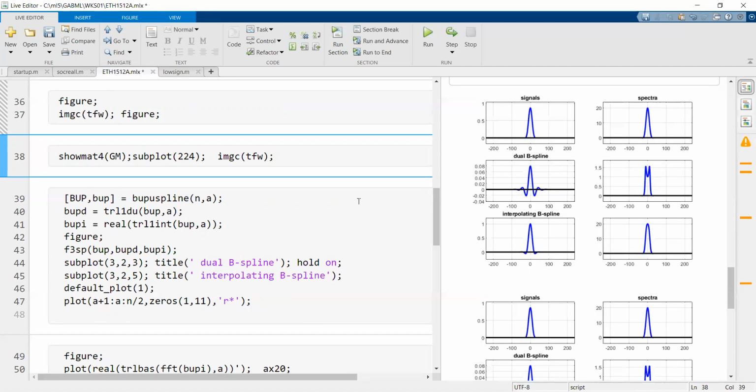Now it turned out that certain properties that the continuous B-splines have are not valid for the discrete setting in an exact way because of this mild modification. But we prefer to have BUPUs which have the property that the Fourier transform is also real valued. It should imitate the behavior of the sinc function.